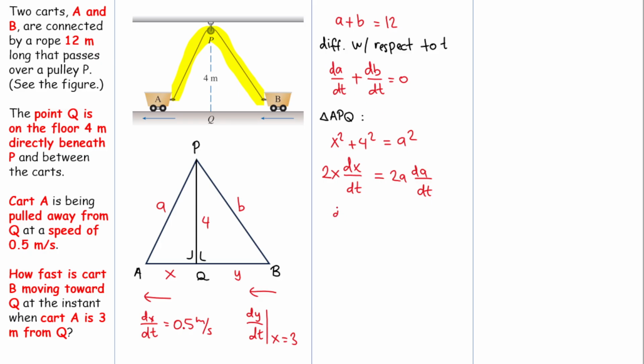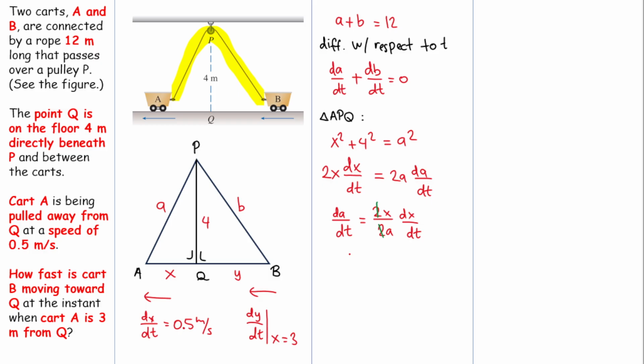So we will have dA dt equal to 2x divided by 2A, and then multiplied by dx dt. But that 2 will cancel out here.